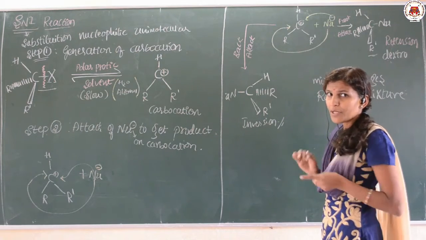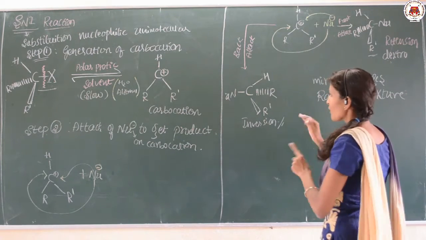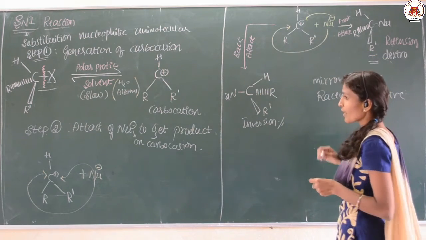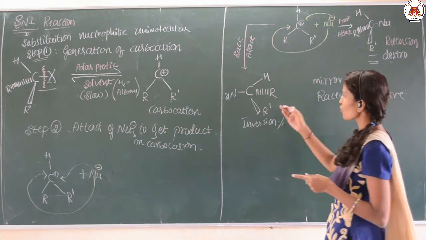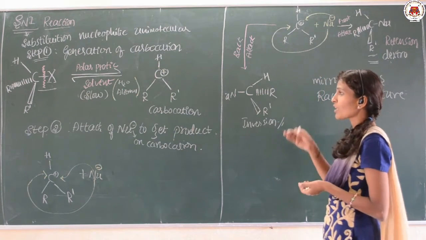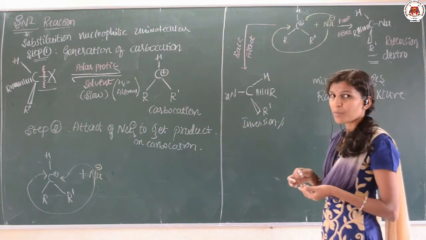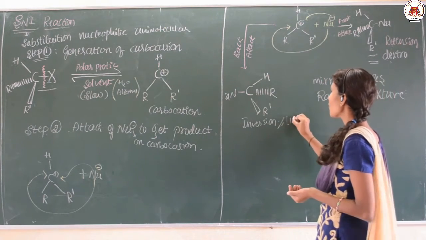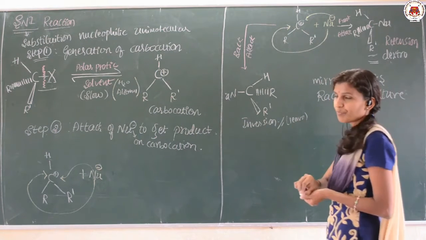Totally the effect will be neutral. It will not rotate anything, because one product wants to rotate clockwise and the other anti-clockwise. So the total product is said to be a racemic mixture, consisting of both dextro and levorotatory compounds.